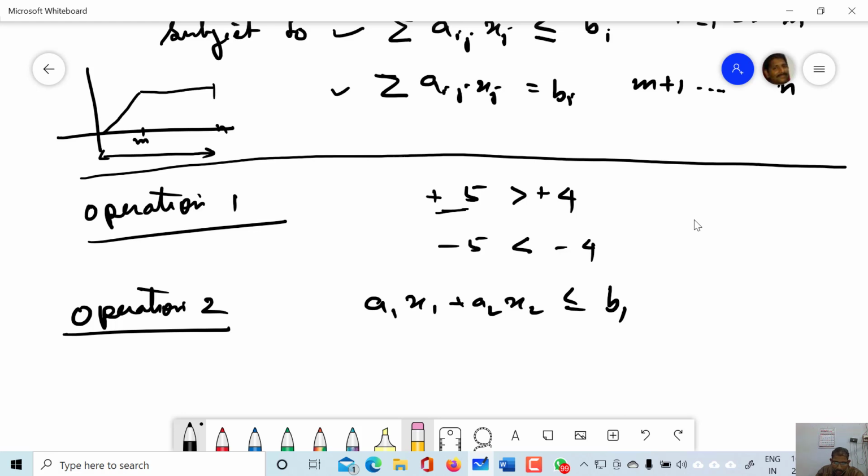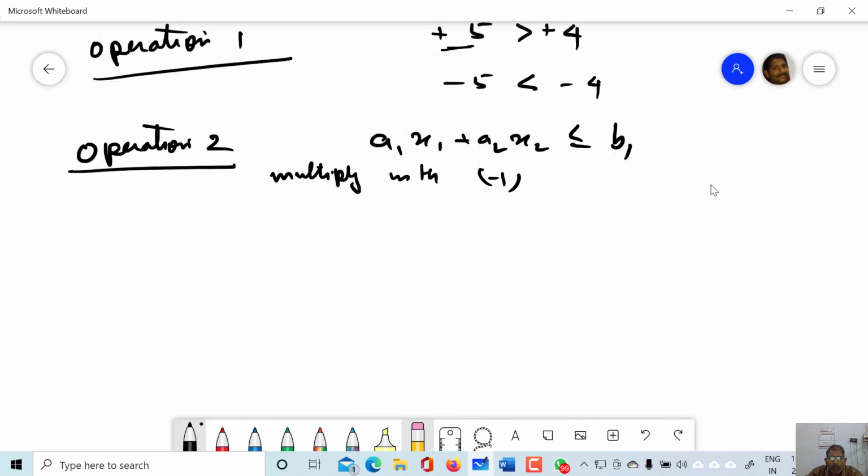And if you multiply with a negative value, that means minus 1, a negative constant, on both sides, then it will become minus a1 x1 minus a2 x2, and the direction will be made opposite. Equality stays equality, and less than becomes greater than.